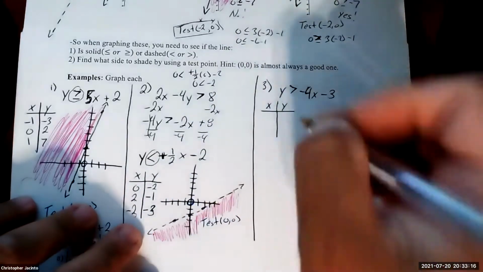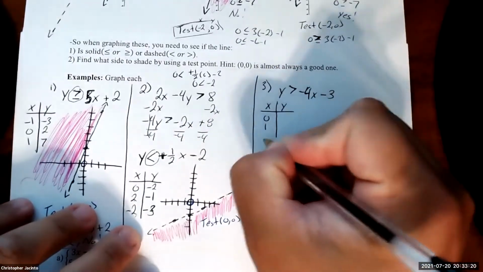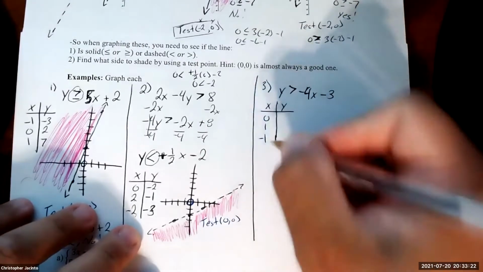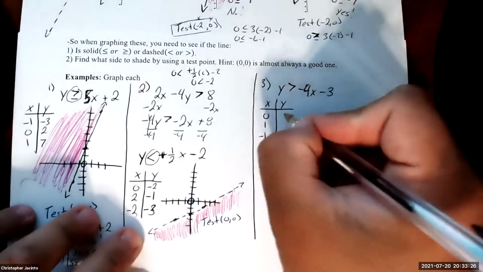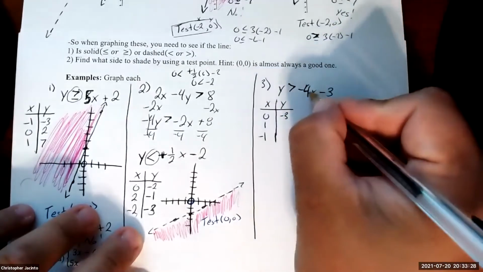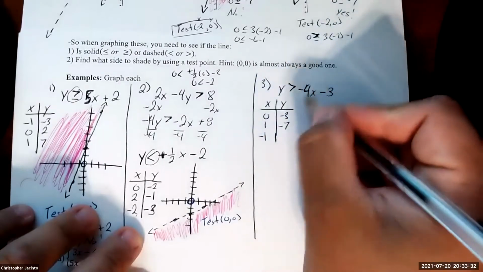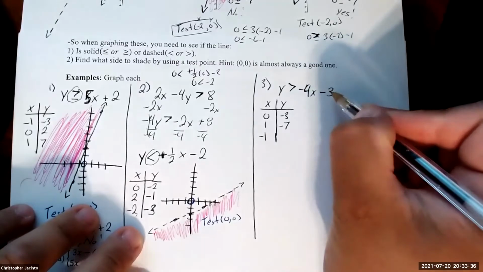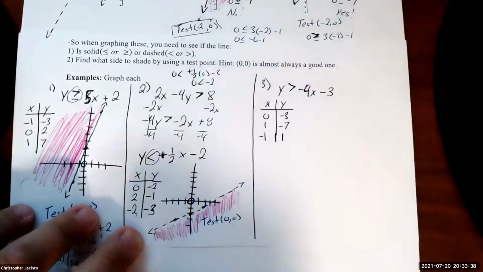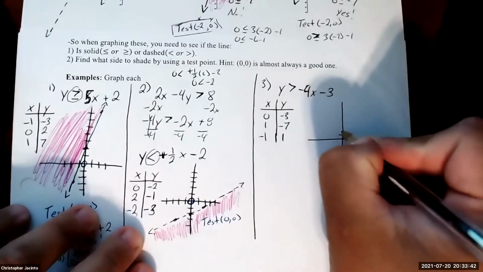So I'll just put 0, 1, and negative 1. I don't want to go too high of numbers. So if I plug in 0, I get negative 3 out. Plug in 1, that's going to be negative 7. Plug in negative 1, that's going to be positive 4, and positive 4 minus 3 is positive 1 out.